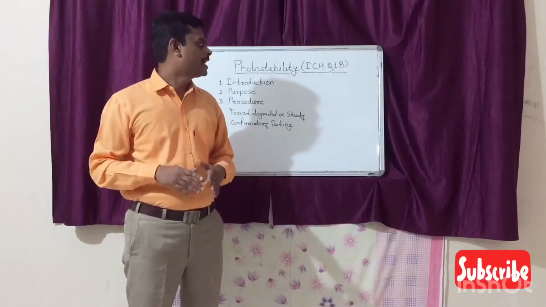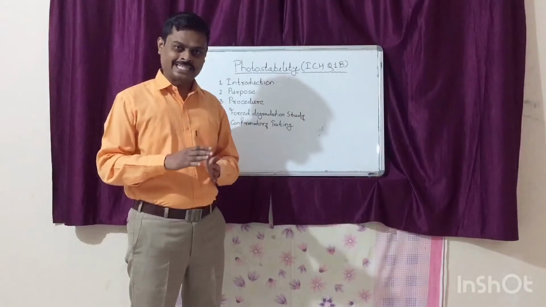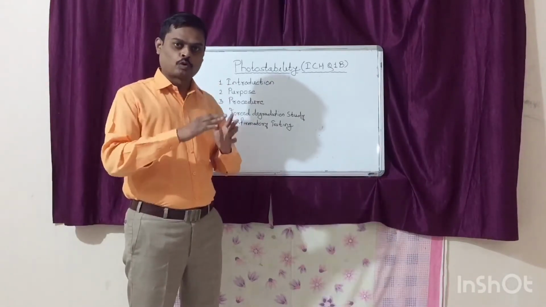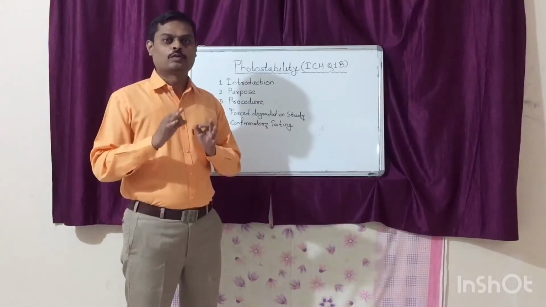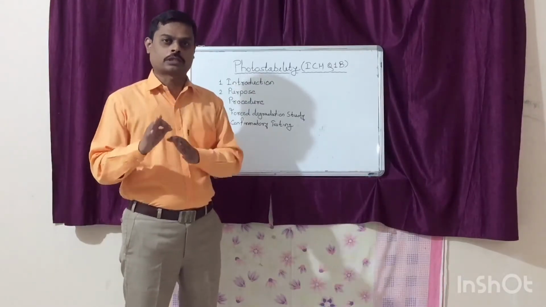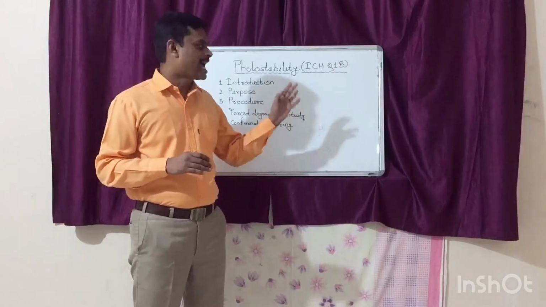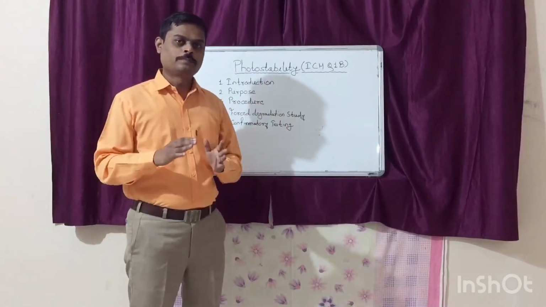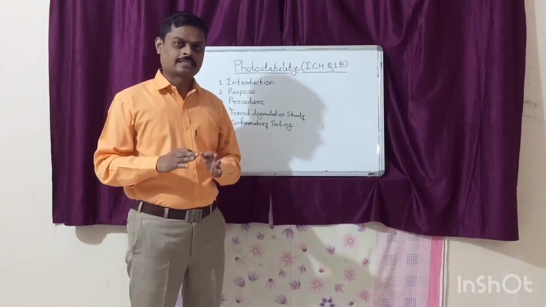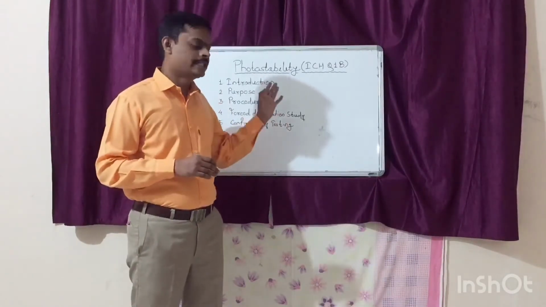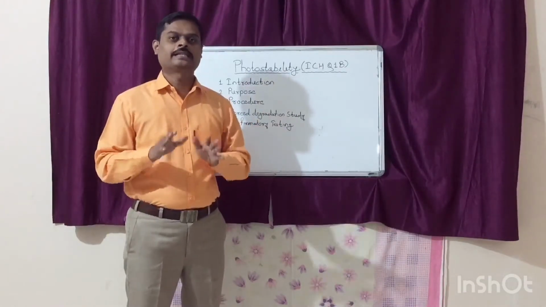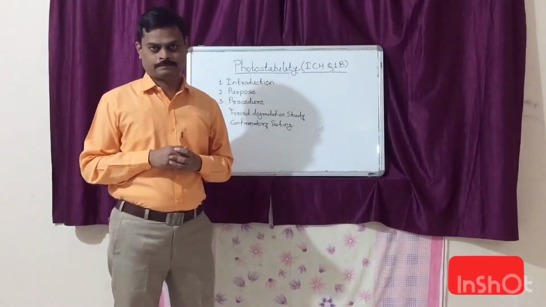Instead of that, ICH has created a separate guideline for the photostability testing of new drug substances and new drug products. It is called the ICH Q1B guideline. ICH Q1B guideline addresses the requirements related to the photostability testing of new drug substances and new drug products.